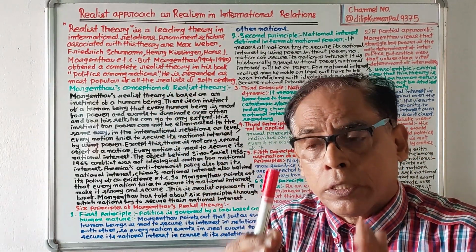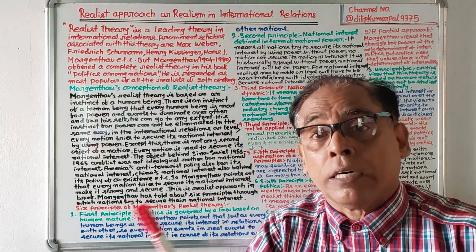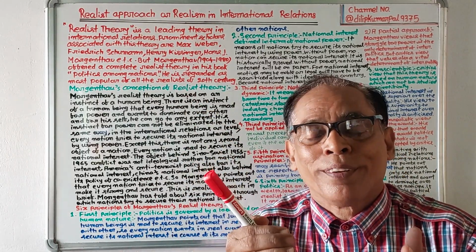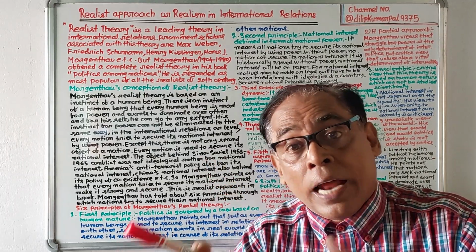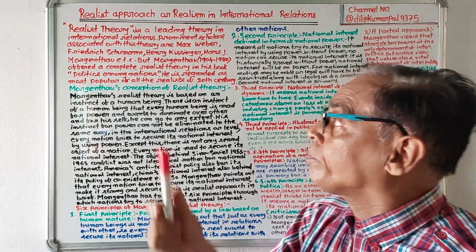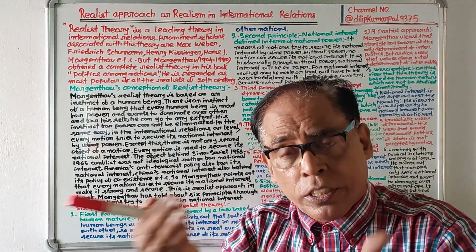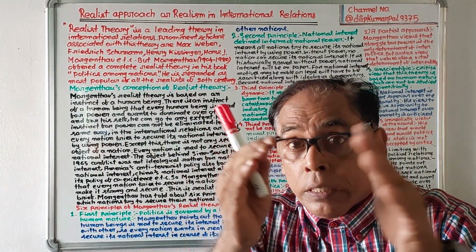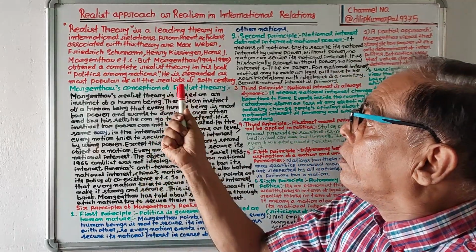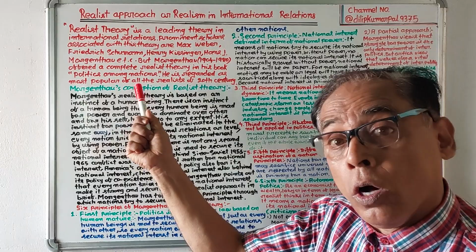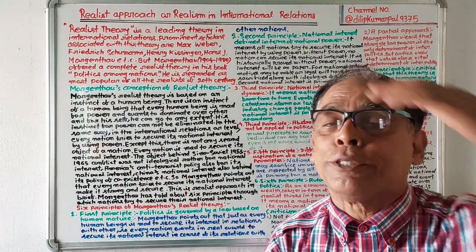But among these scholars, Hans J. Morgenthau has offered this theory in complete form. He was born in 1904, died in 1980, and he offered this realist theory in his book Politics Among Nations. And Morgenthau is regarded as the most popular of all the realists of the 20th century.